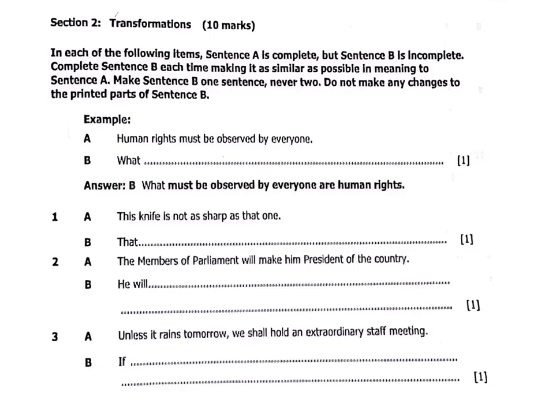Then let's come to the questions. Question 1A is saying, this knife is not as sharp as that one. We use "this" when you're talking about objects which are near, or when you're holding something.